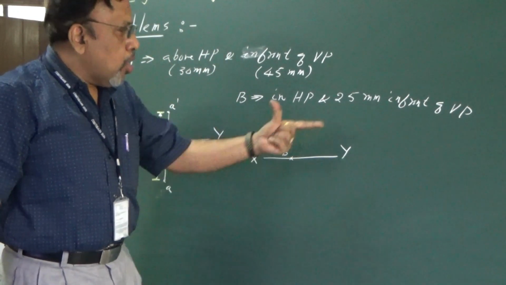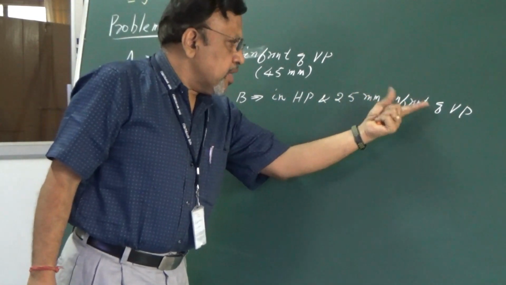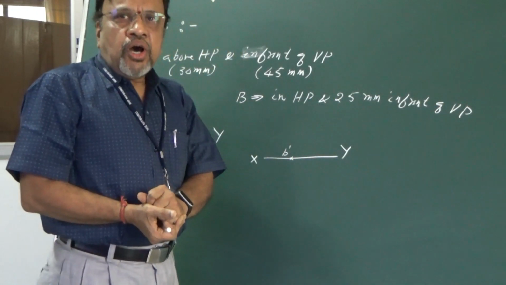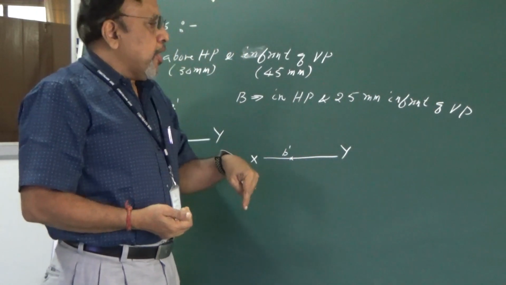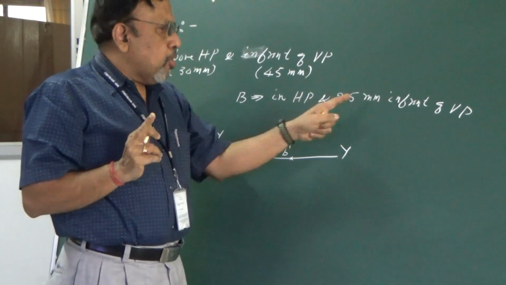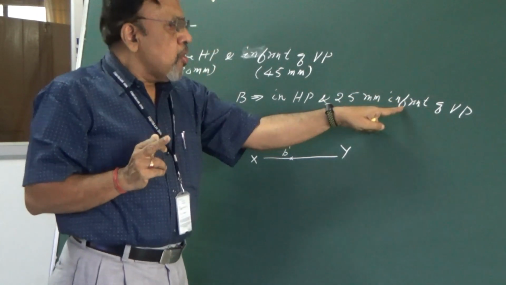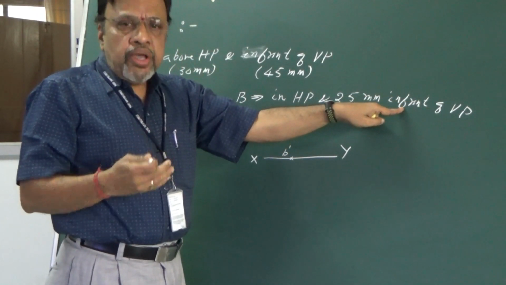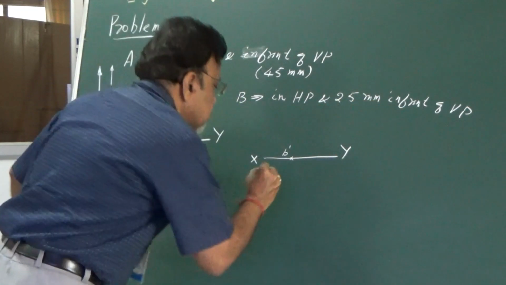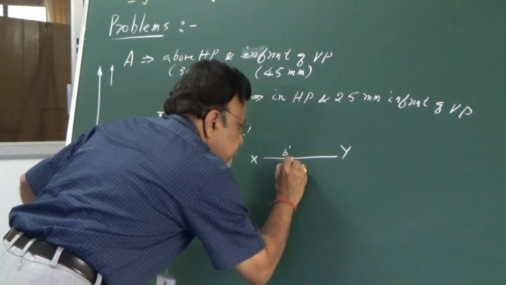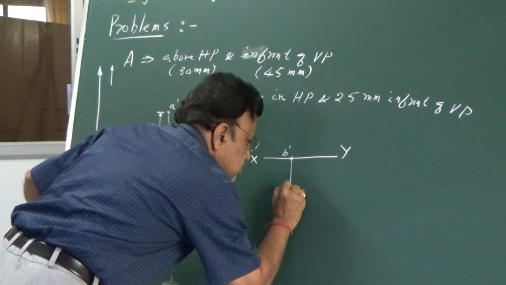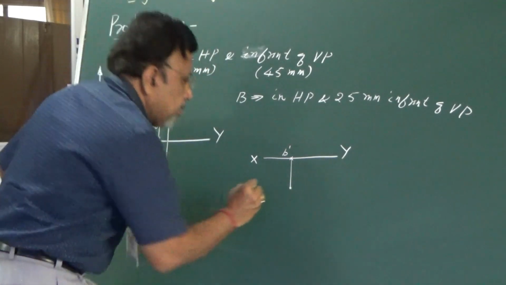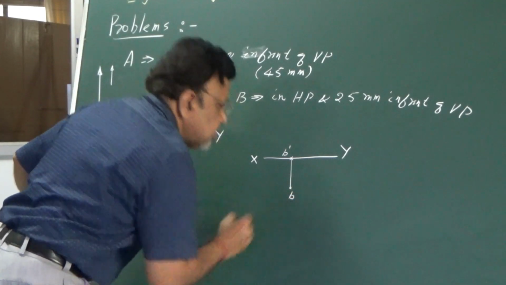Is it okay? Now, the point is 25 mm in front of VP. Now that means the top view point should be, because remember, if I say the point is in front of VP, the top view point should be below the XY line. So I will just draw this projector, distance equal to 25 mm. Then I will mark this as B.